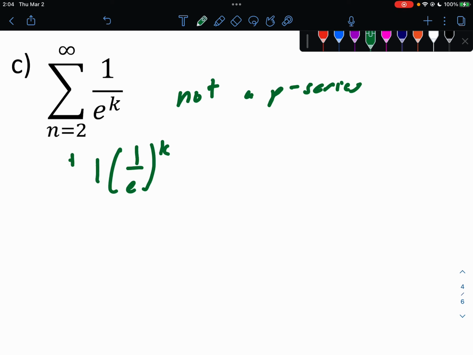And for a geometric series, since 1 over e is less than 1, we can do first term over 1 minus r. It'd be 1 over e squared over 1 minus r. That actually would be the answer. Okay, so it does converge to some number here, whatever this would be, but it's not a p-series.